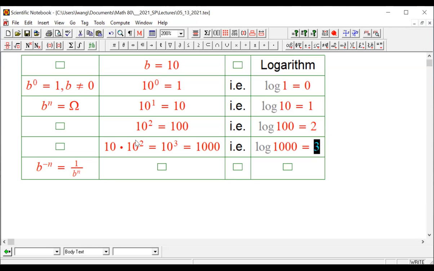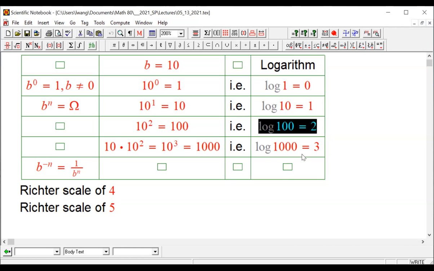Now, let's look at the earthquake measurement, right? If you're told we have a Richter scale of 4 versus a Richter scale of 5. Earthquake is about this. Okay, Richter scale of 5, a Richter scale of 4.